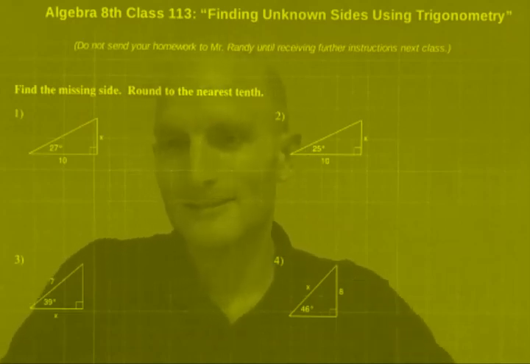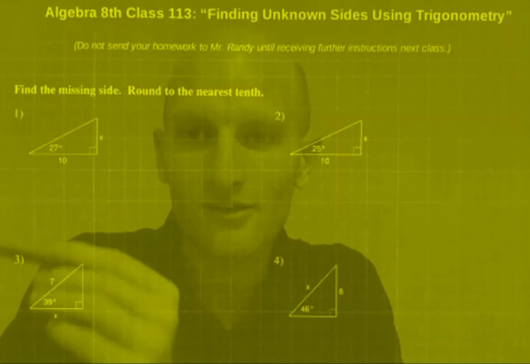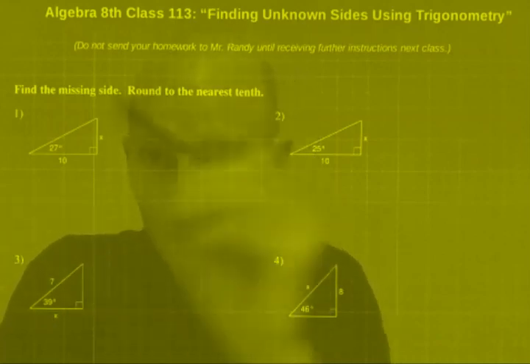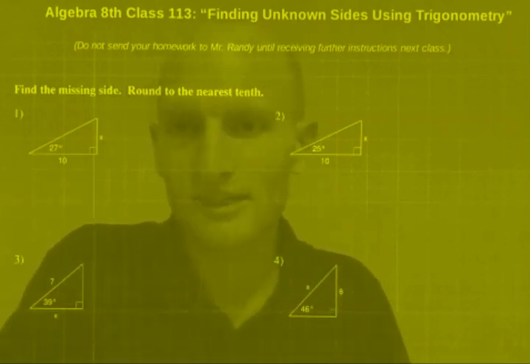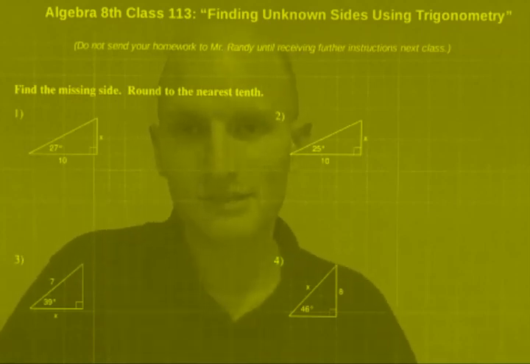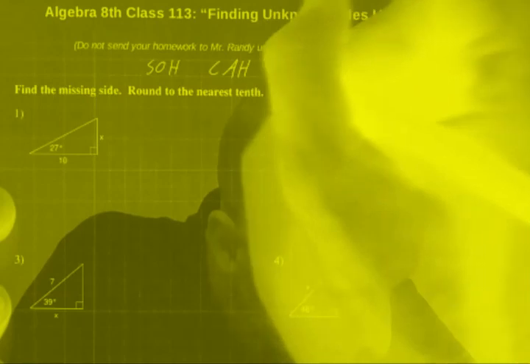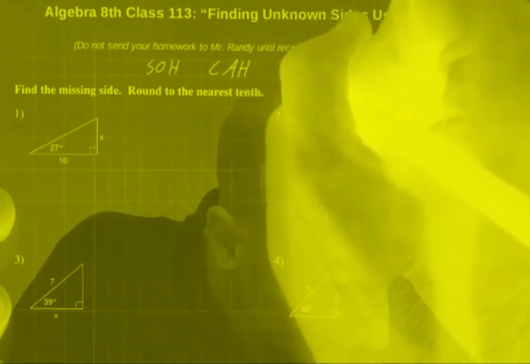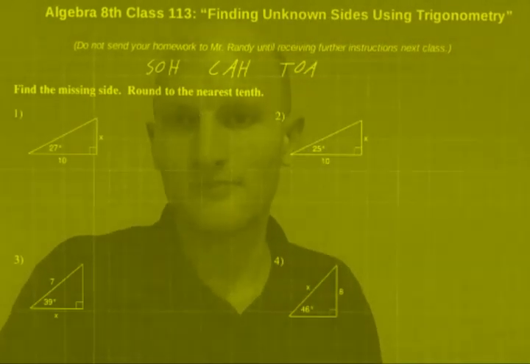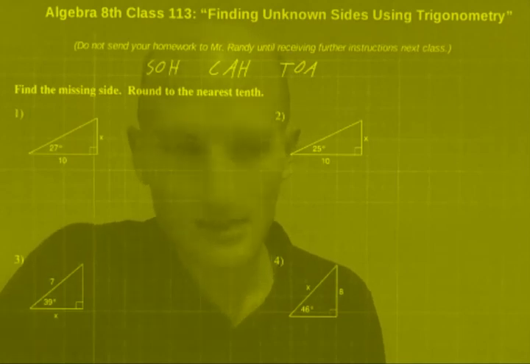They say 27 degrees is the angle, and then we have the opposite side, O, is x, and the adjacent is 10. Opposite and adjacent, that's tangent.